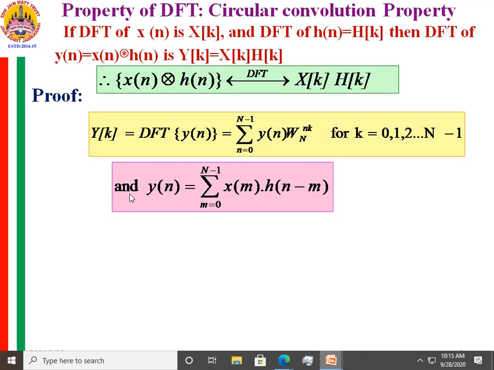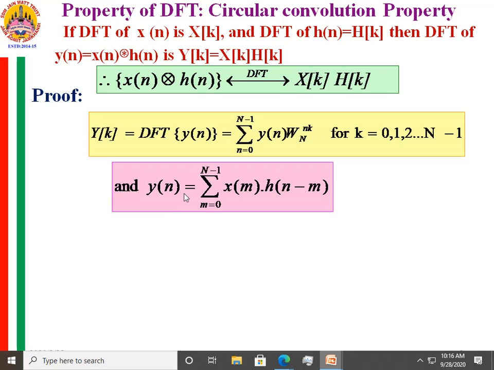And you know that the convolution between x and h is summation m from 0 to N minus 1 x of m into h of n minus m. Now you observe here I have used some other variable m in place of k, because k variable is used as a frequency variable, frequency component in the DFT expression. So to represent the convolution sum, instead of k I am using some other variable m.